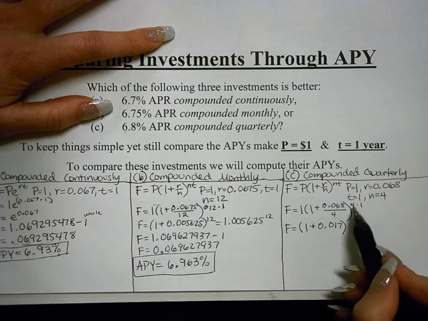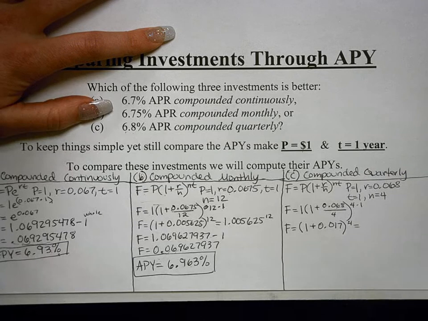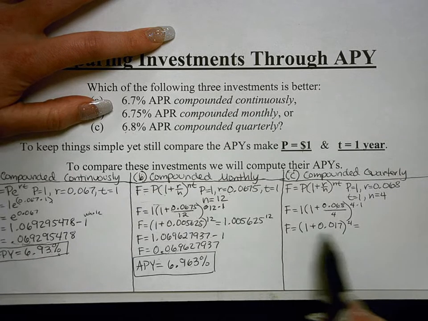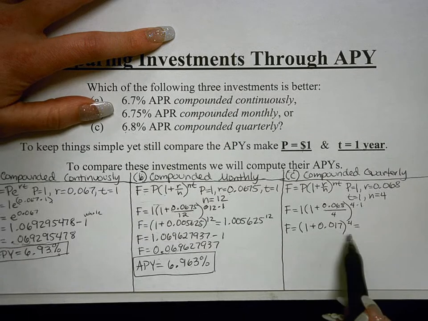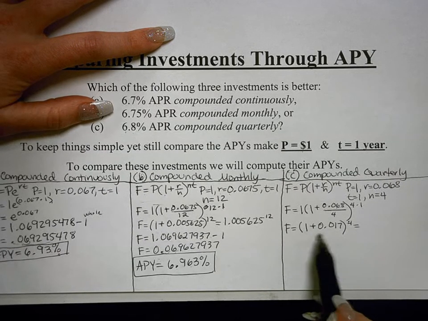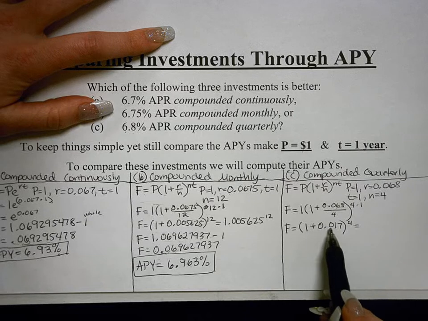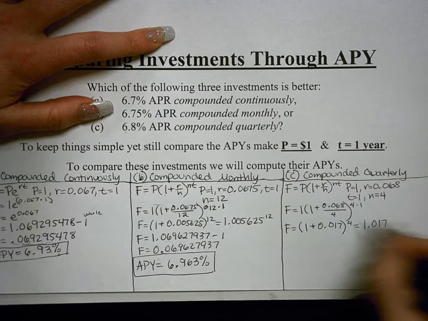I'm just going to simplify this exponent. 4 times 1 is just 4. And then I'm just going to continue on with the simplification process following the order of operations. We have to do parentheses, therefore I have to do the addition inside the parentheses. 1 plus 0.017 ends up being just 1.017 raised to the 4th power.